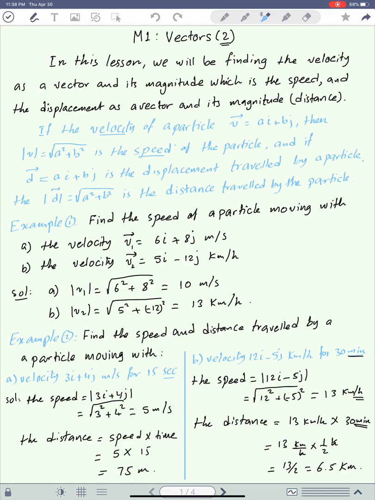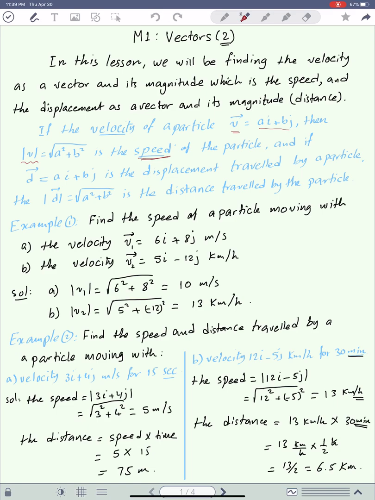So we know from the previous lesson that any vector can be written in ij notation. When you write the velocity as the vector v equal to ai plus bj, then the magnitude of the vector v, called the magnitude or the modulus, is the speed of the particle.